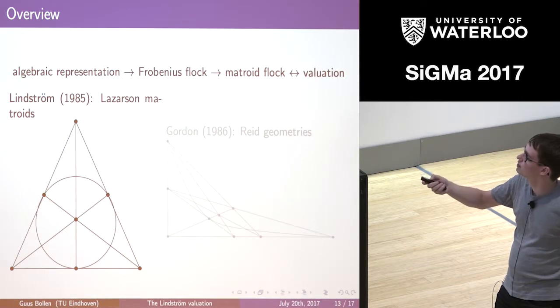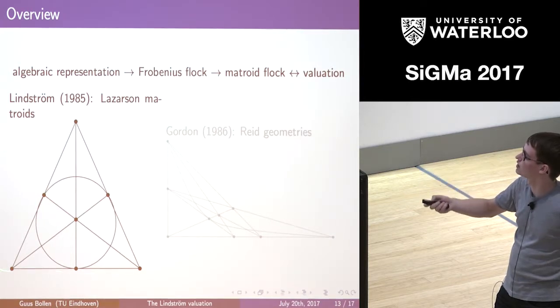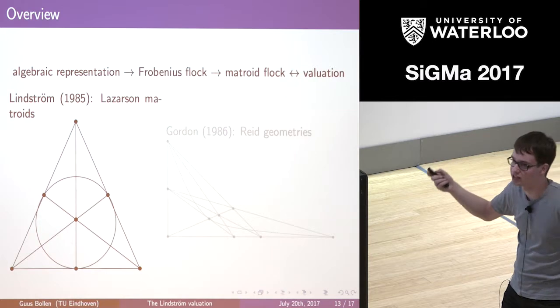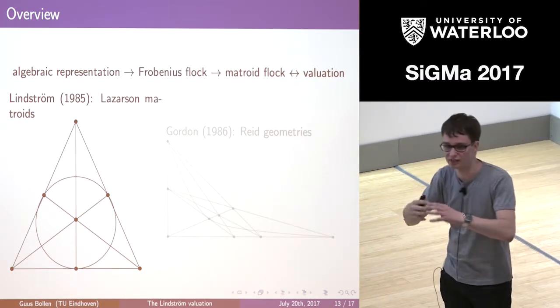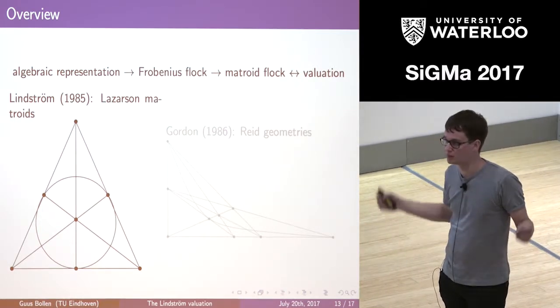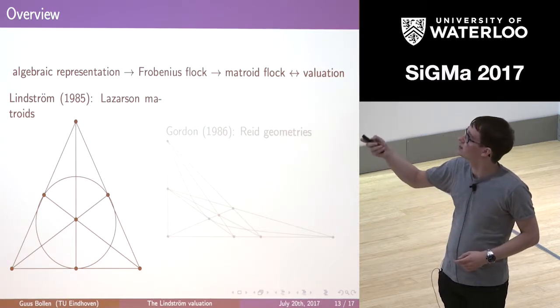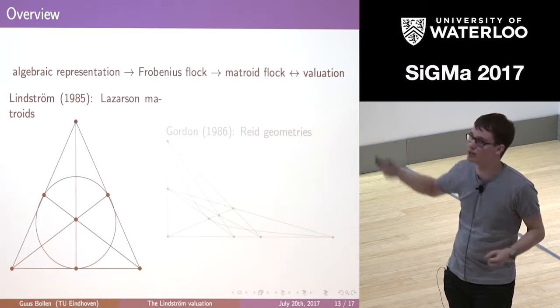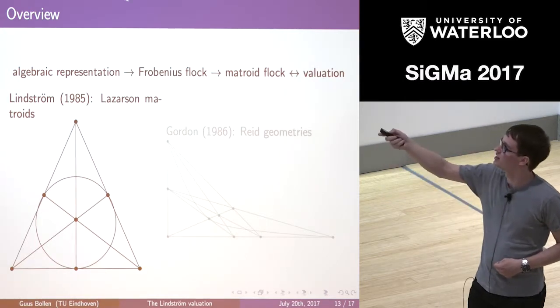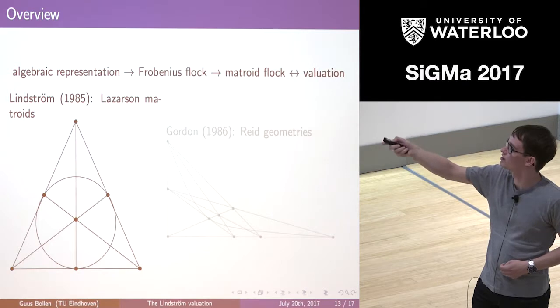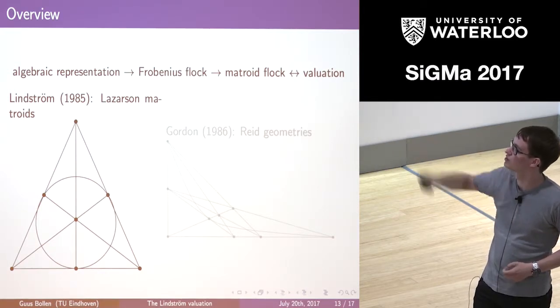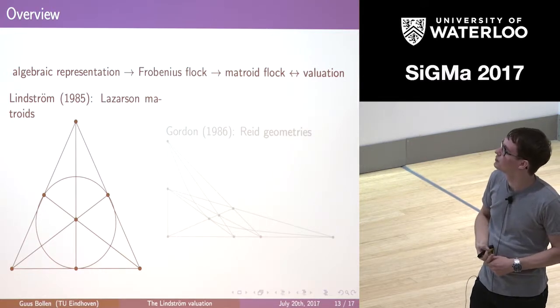We know that the Vámos matroid only has a trivial valuation. That means all bases of the Vámos matroid come together in one point. And that means that some point of this matroid flock is the Vámos matroid. And it also means that since there's a Frobenius flock, if it's algebraic, we have a linear representation of the Vámos matroid in there.